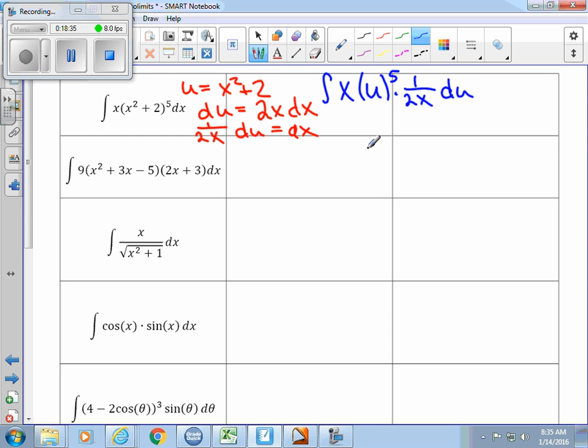And I'll stall there for a minute. But you see how I've replaced the x squared plus 2 with the u, and then the dx with the 1 over 2x du. Well, why is that showing up a big deal? Well, watch what happens. Cancel.